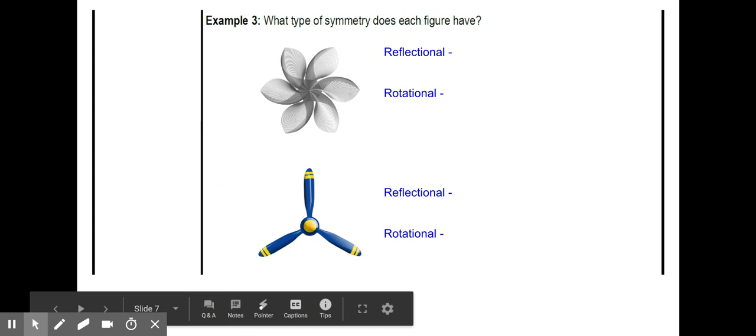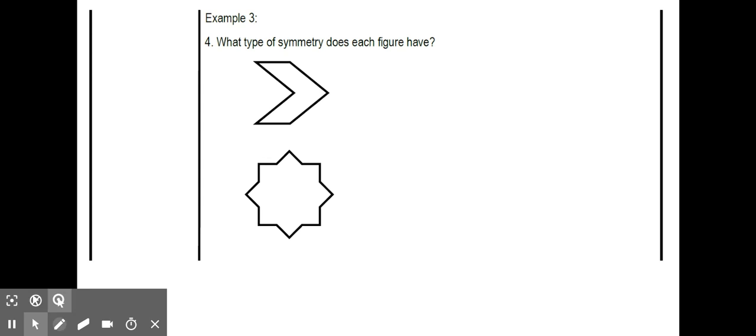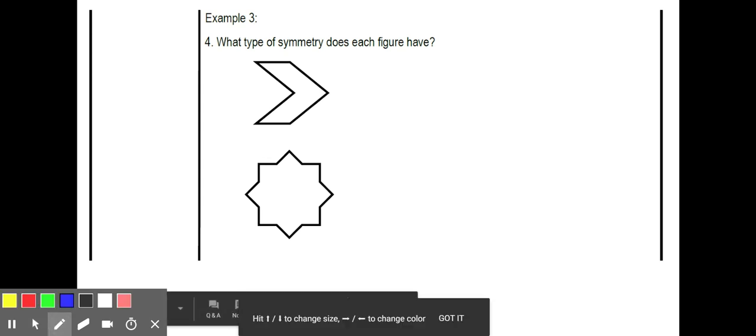Okay, example 3. What type of symmetry does each figure have? So far we've covered reflectional and rotational symmetries that could possibly map a figure upon itself. Our first figure almost looks like a geometrical flower.